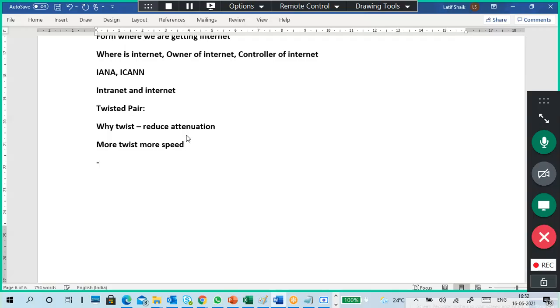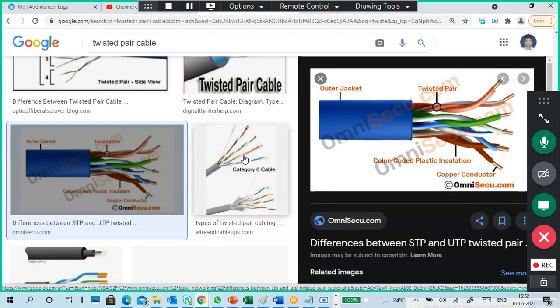Two types are there: UTP and STP. STP means shielded, UTP means unshielded twisted pair. This is a UTP cable; no shielding is there, it means there is no copper cover.